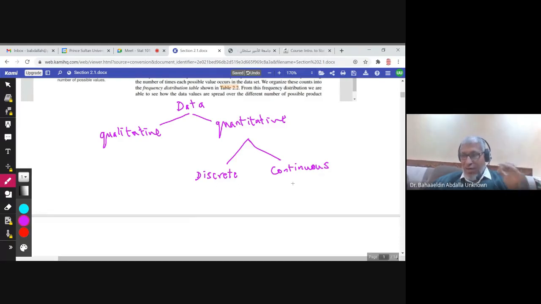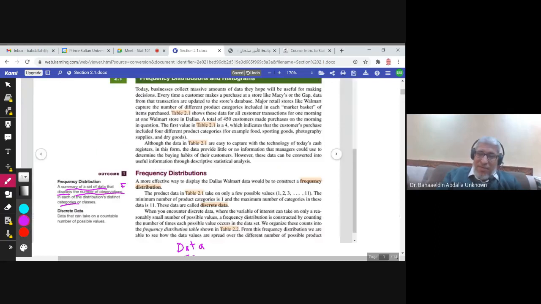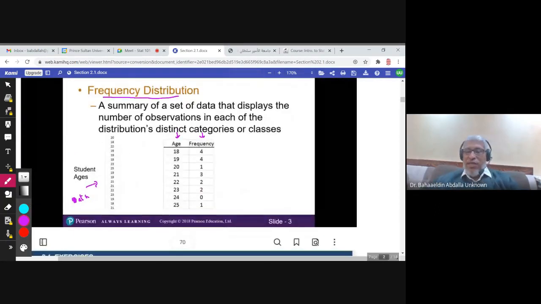If you really find the age, and if the age is 21 point some decimals according to the number of months, the number of days, the number of hours, then it would be continuous. But in this example, in fact, he dealt with age as discrete. There is no 18.1, 18.2. But you can say, no, this is discrete.